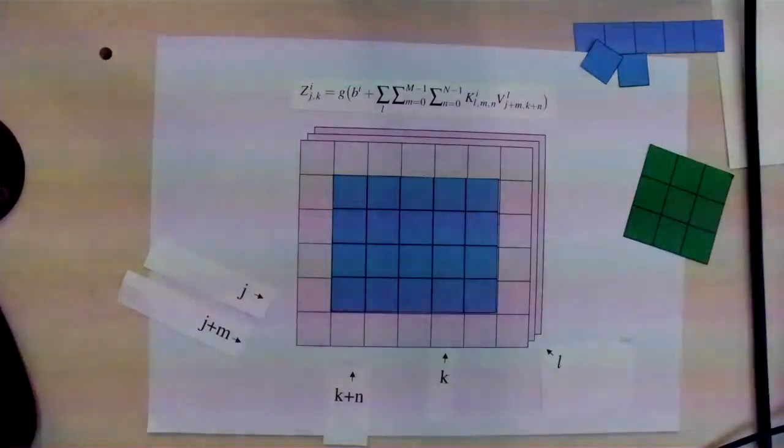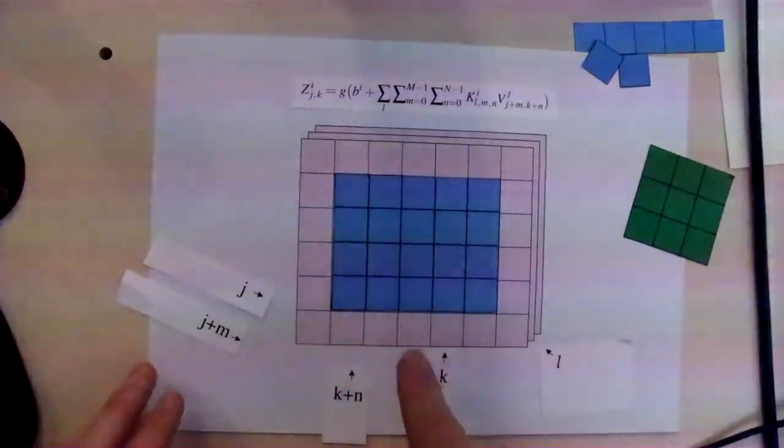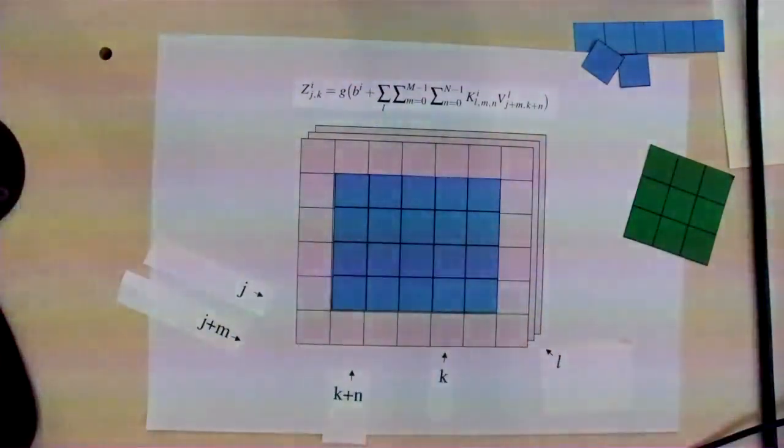It's better if n goes 0, 1, 2 rather than minus 1, 0, 1. It's just cleaner when we write the program. So when we write the program, it's actually like this, but we do think of it conceptually as being in the middle. Very good question.